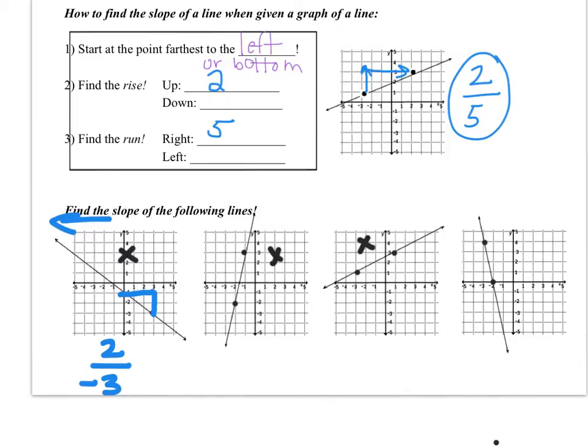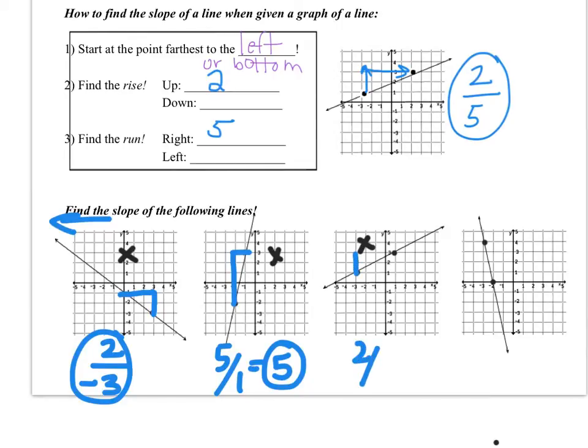So for the second one, we're going to rise 1, 2, 3, 4, 5, and then we're going to run 1. So this gives us 5/1, but I'm going to go ahead and simplify that to 5. The next graph, we're going to rise 1, 2, and then we're going to run 1, 2, 3, 4.